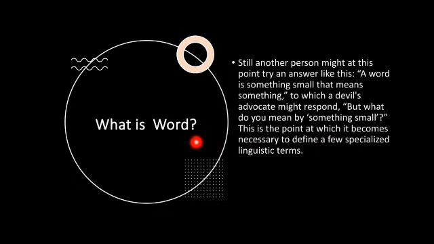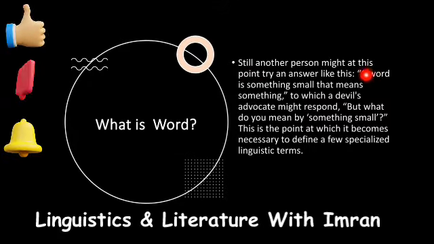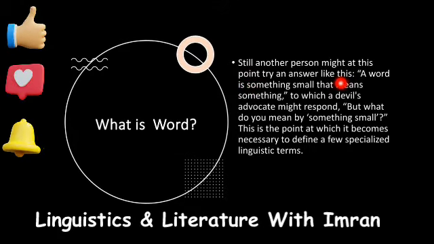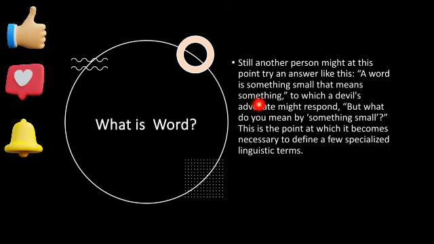Here we have another definition of a word. Still, another person might at this point try to answer like this. A word is something small that means something. So a word is small and it also has a meaning. That's another definition, to which a devil's advocate might respond.